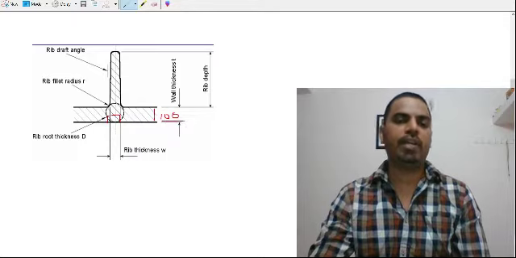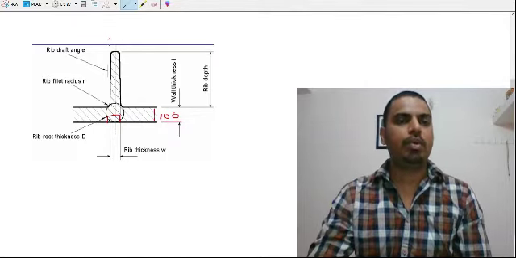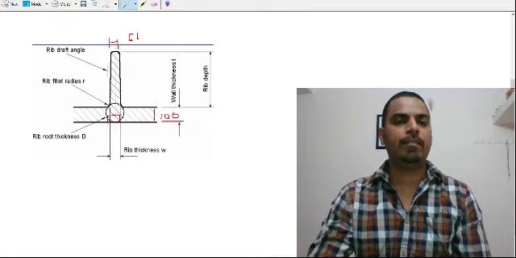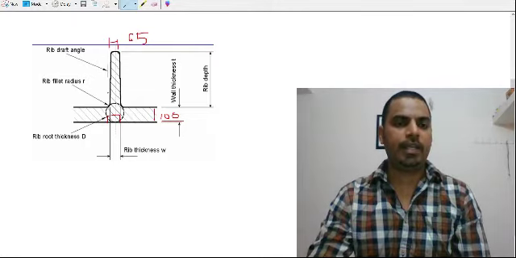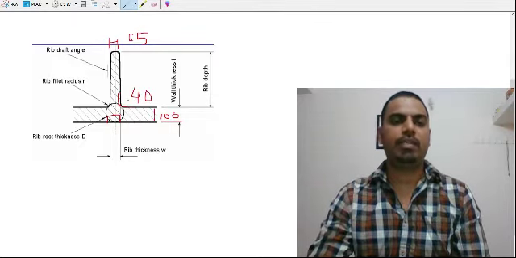If the wall thickness is 100 mm, then the standard procedure is to provide a rib thickness of 65% of the given wall thickness. So my rib thickness will be 65 mm, and the fillet at this location, that is the rib fillet, will be 40% of the wall thickness. That means it comes to a value of 40 mm.